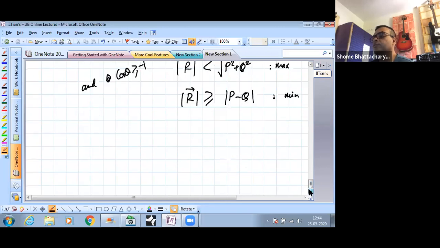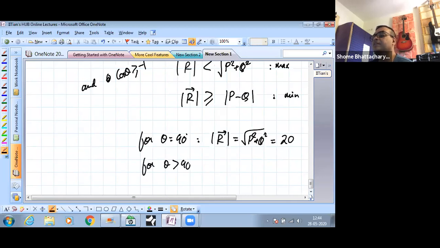So from these you can see that for theta equal to 90, R would have been root of P square plus Q square, which in this case would have been 20 because they are 12 and 16. Okay. So for theta greater than 90, the magnitude of the resultant has to be less than 20.